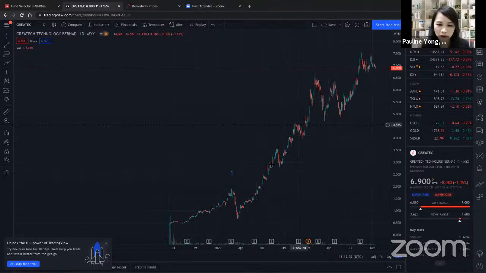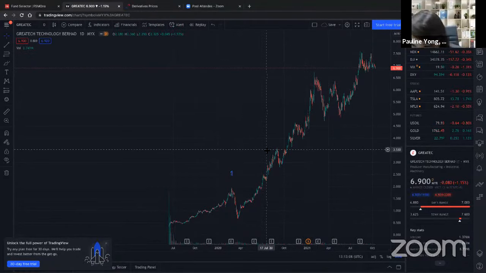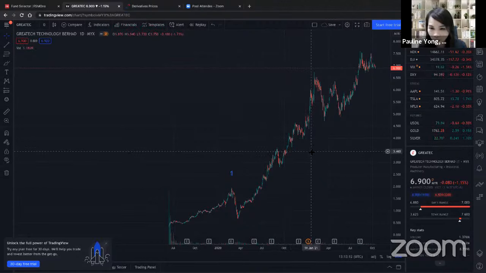Is it here, or here? Because actually you can see that here you have one top, and then here you also have one top, and then you have this correction, and then you have another top there.